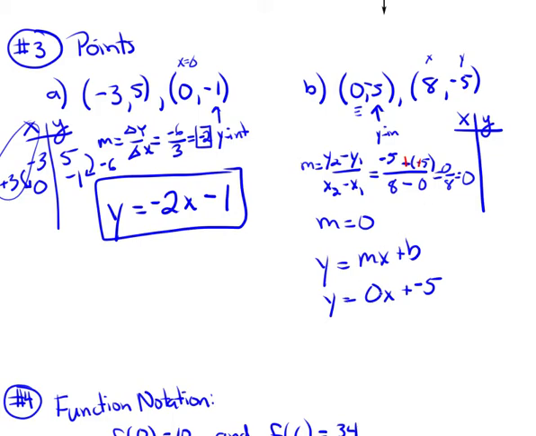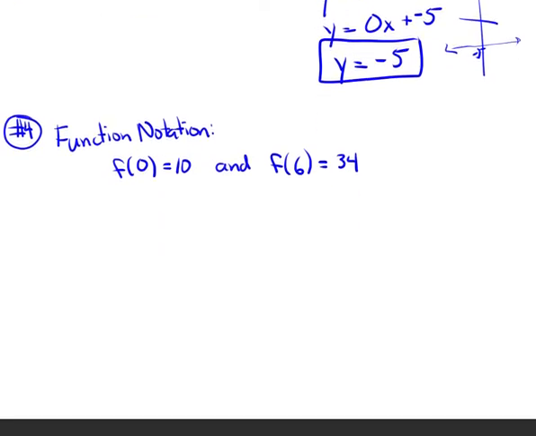So 0 times any number is 0 plus negative 5 equals negative 5. And that's a horizontal line, kind of what we did before. We thought about that. It's a horizontal line at negative 5 on our graph down here, because it has a slope of 0, and we can see that inside of our equation. Well, it's hidden inside of our equation.